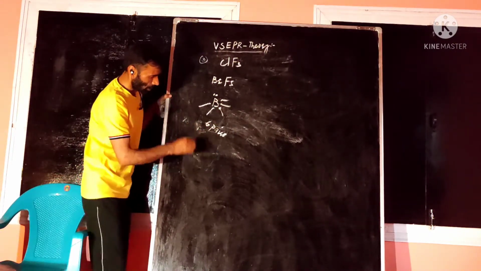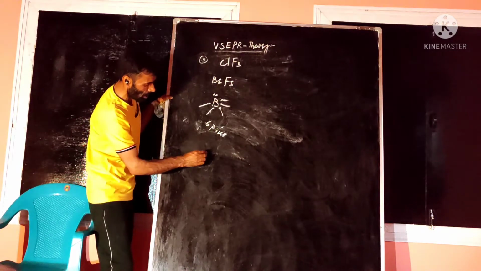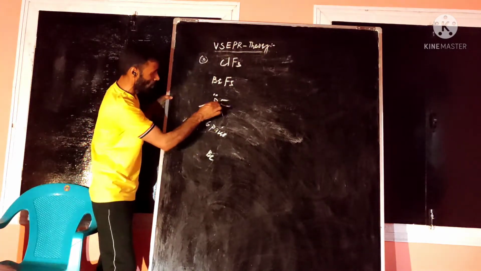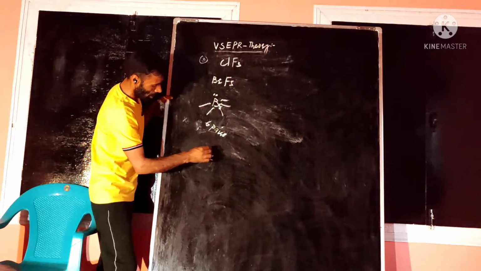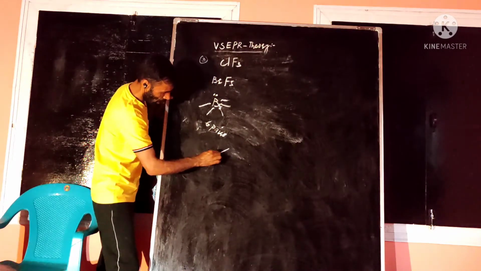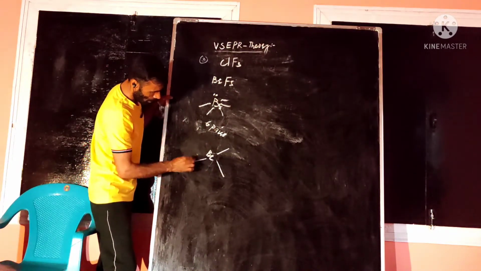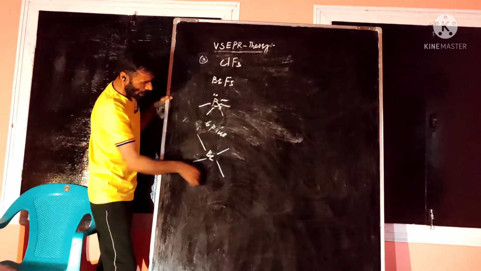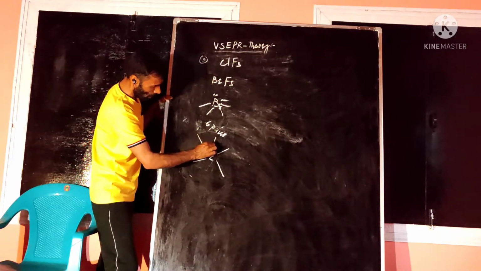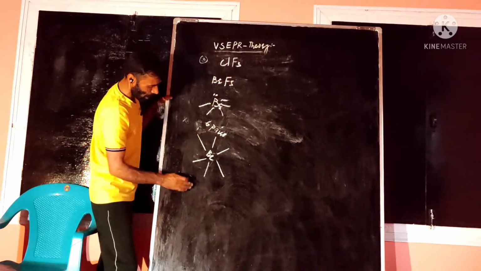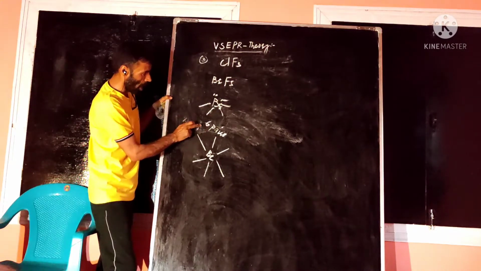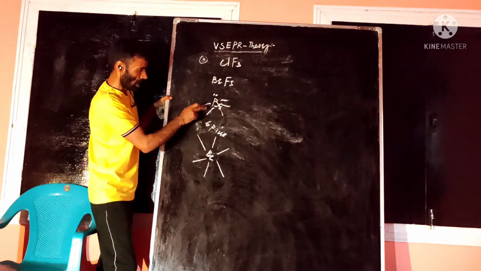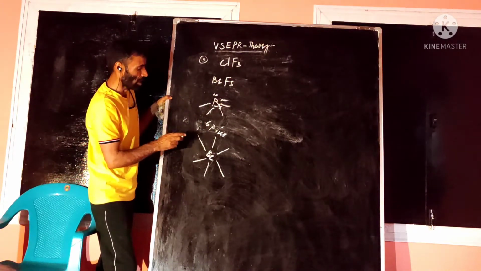They will adopt the geometry of an octahedron. This one is the bromine atom. Now, these are the 4 pairs in the form of a square. After that, one above the plane of the square and one below the plane of the square. Within these pairs, 1 pair is a lone pair.